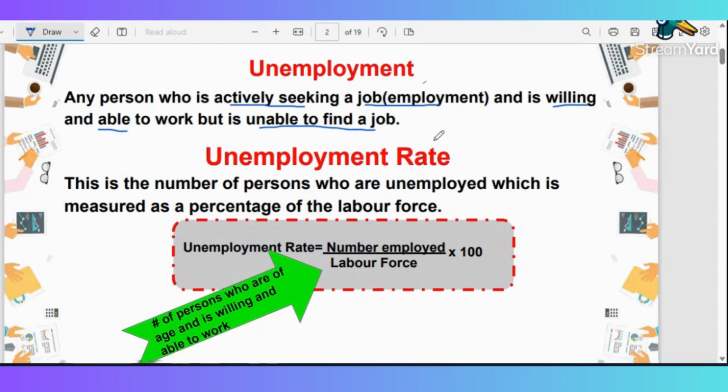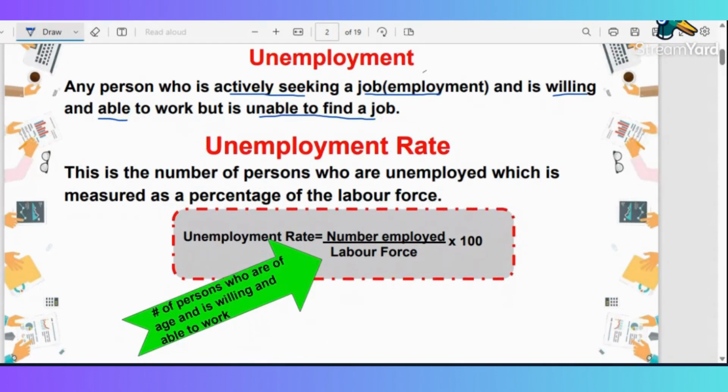Now we have something called the unemployment rate, and it states that the unemployment rate is the number of persons who are unemployed, who are without a job, which is measured as a percentage of the labor force. Right? So we have the formula here. Unemployment rate is equal to the number of persons employed over the labor force times 100.